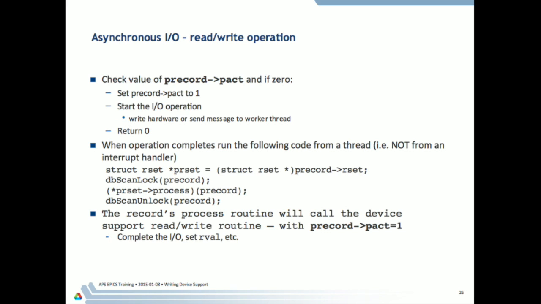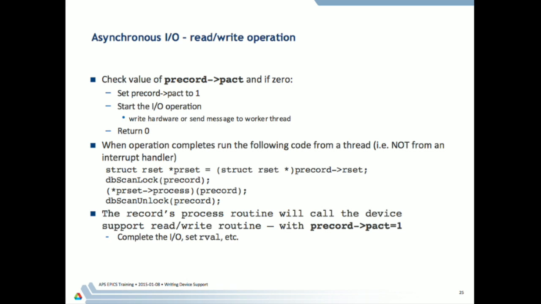If it's 0 and the device support is asynchronous, so it's a slow operation, the first thing it does is set PACT to 1, which tells the record this is going to be an asynchronous I/O. Then it starts doing whatever it needs to initiate the I/O operation, either writing to the hardware or sending a message to its worker thread, and then returns 0. This is how it tells the record, I have started an asynchronous operation.